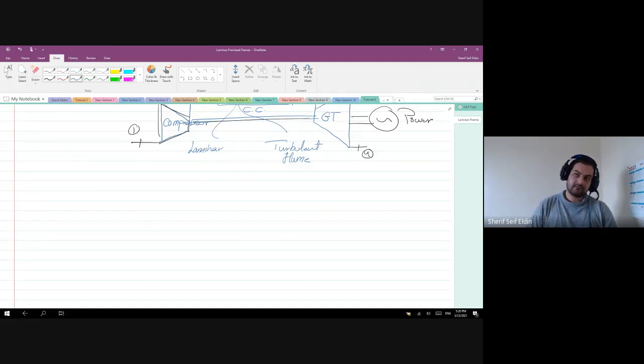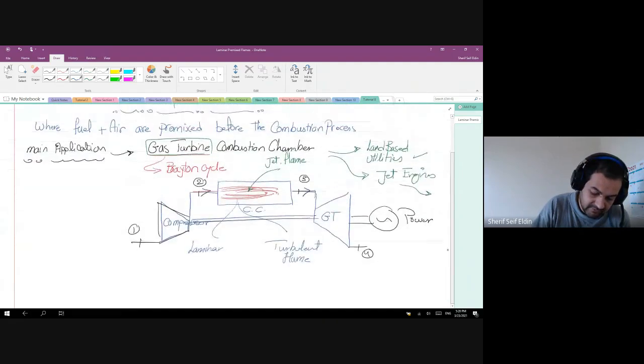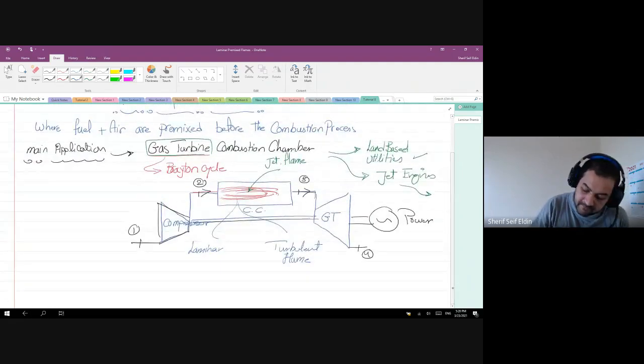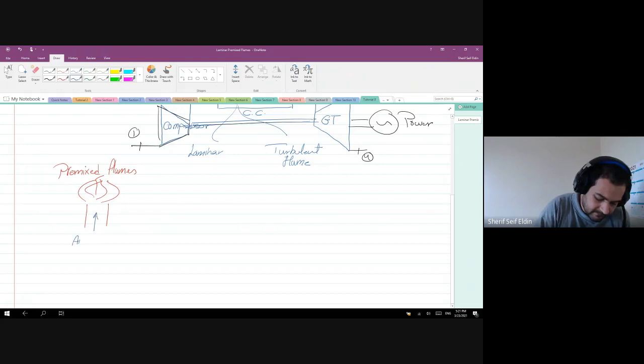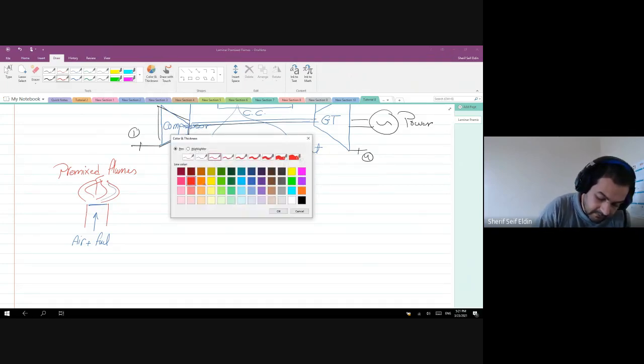No, I didn't distinguish between the premixed and non-premixed. So for premixed, air plus fuel comes through here, and it's going to be burned over there, right?